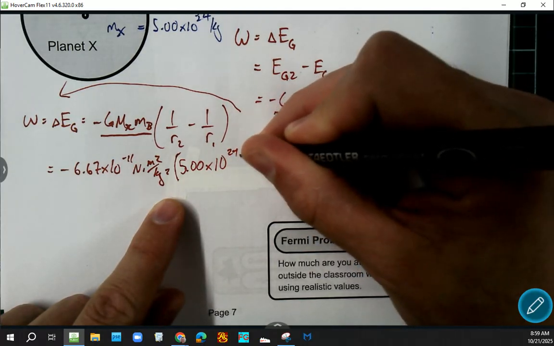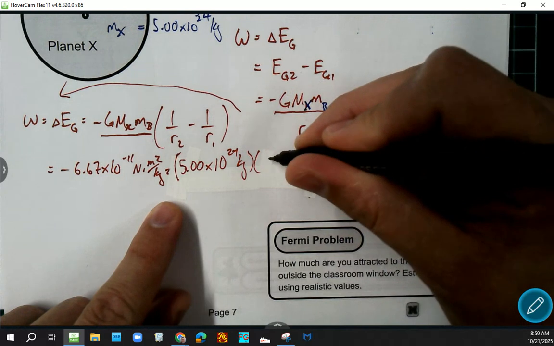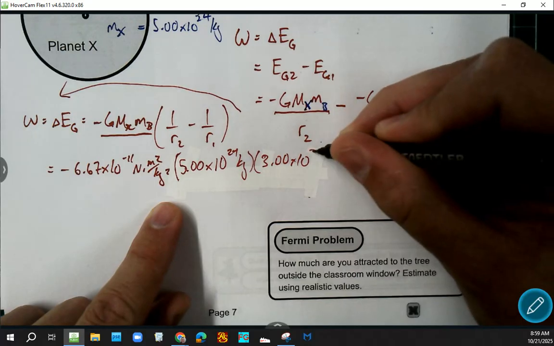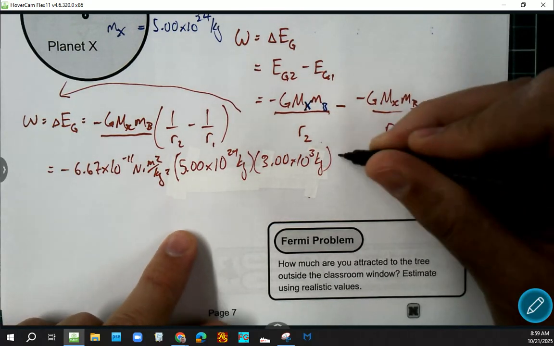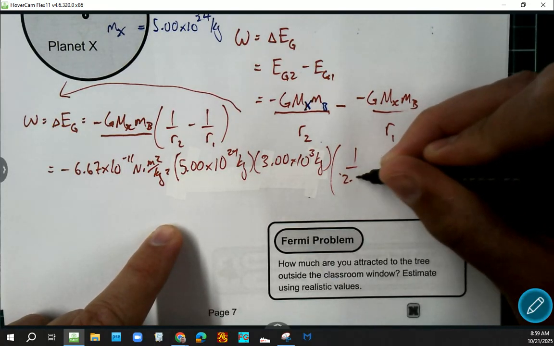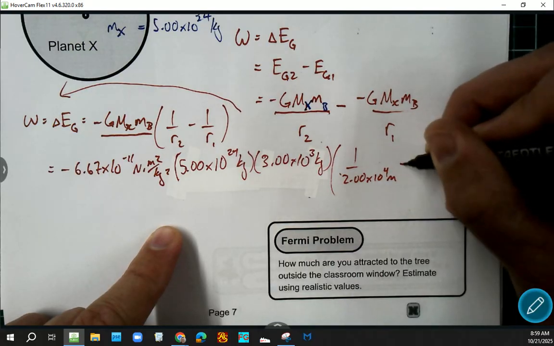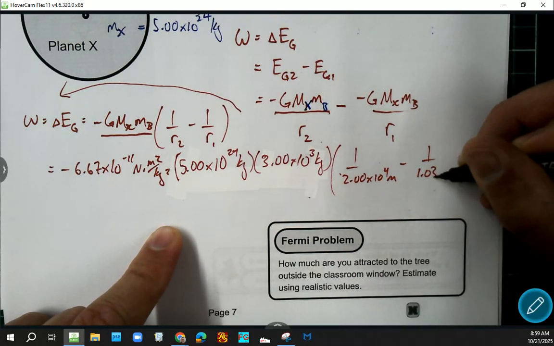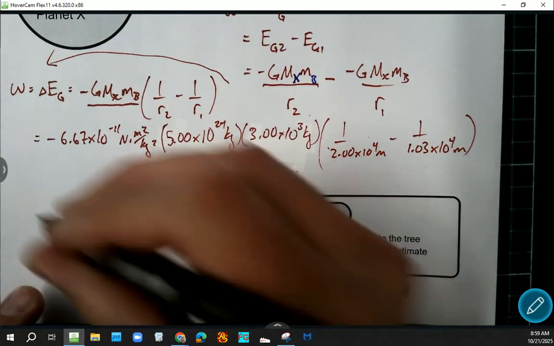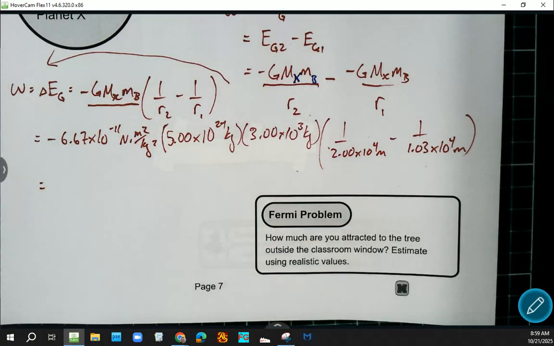10 to the power of 24 kilograms times 3.00 times 10 to the power of, what did I say, 3 kilograms, times 1 divided by R2, 2.00 times 10 to the power of 4 meters minus 1 divided by 1.03 times 10 to the power of 4 meters. Holy guacamole. We got to be able to put this whole shebang into the calculator. Can you guys please give me some confirmation? I'm going to write a number.